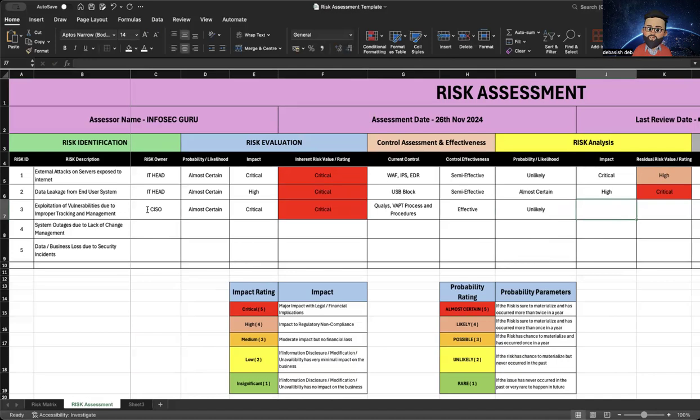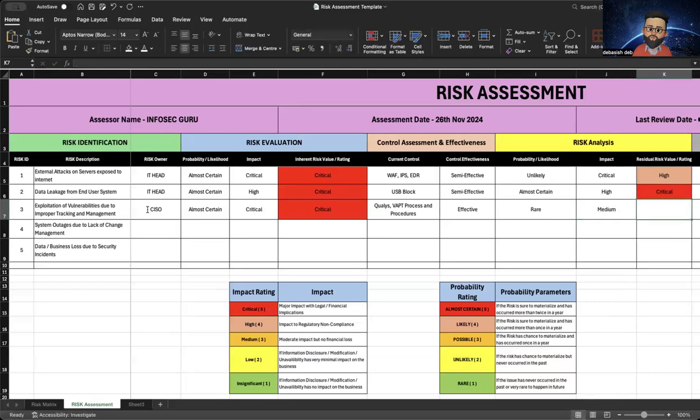I would say it is very rare. I would mark it as rare because even if it comes, it is very rare that someone goes ahead and exploits the vulnerability. What is the impact? Impact would be medium, let's say.